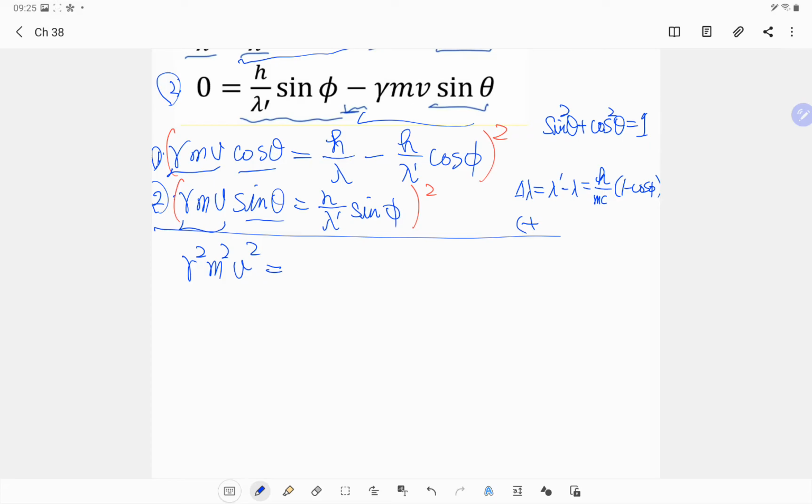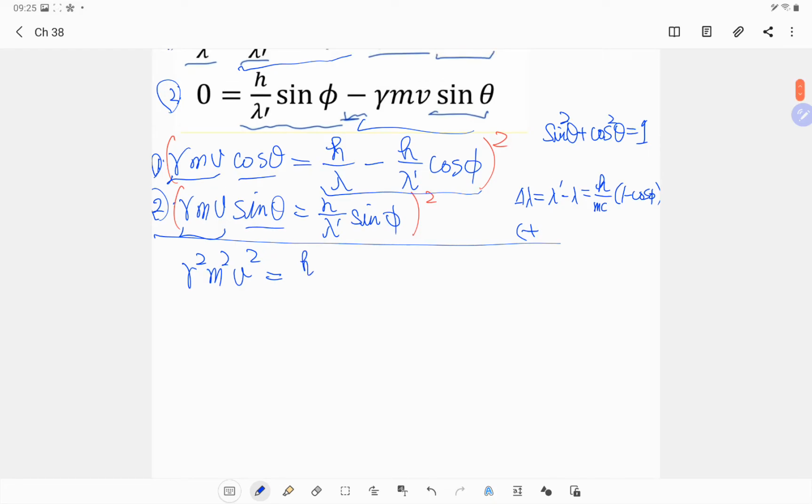And then for this one, we should have three terms, a minus b, all squared. So it should be a squared minus 2ab plus b squared. So it should be like h squared over lambda squared minus 2h squared over lambda lambda prime, and then cosine phi.